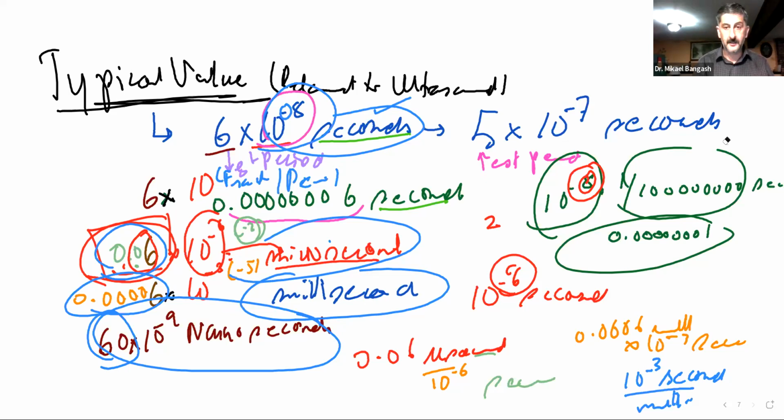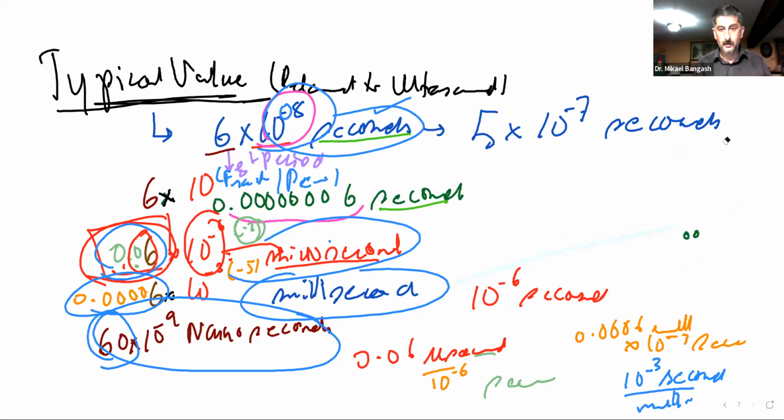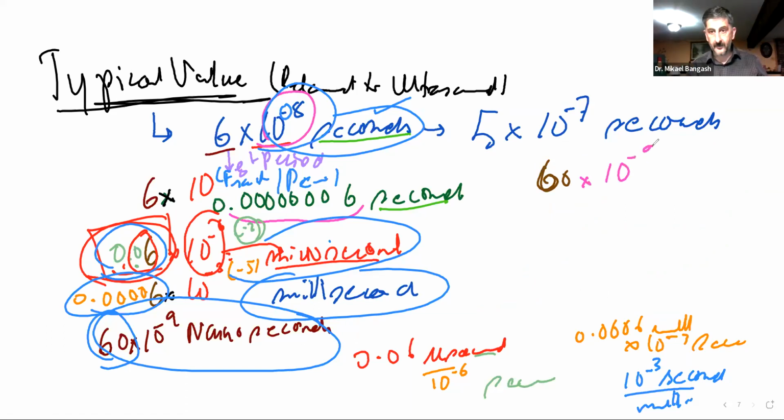Or what we mainly can say here is that 60 multiplied by 10 raised to the power 9 means, or how does it become equal to this?